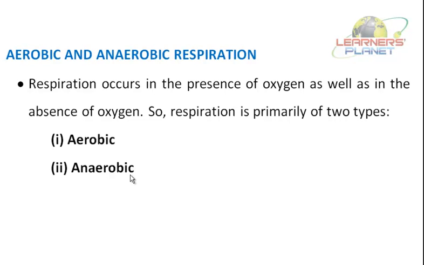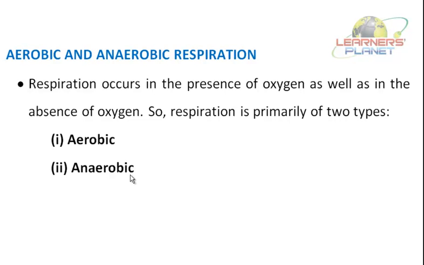So students, the processes leading to and including the chemical breakdown of food materials to provide energy for life is called respiration. And these processes occur inside the living cells of every type of organism, whether it is plant or animal. And for this reason, it is also called internal or cellular respiration.